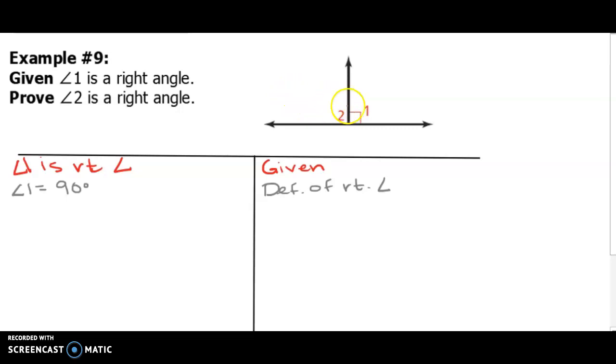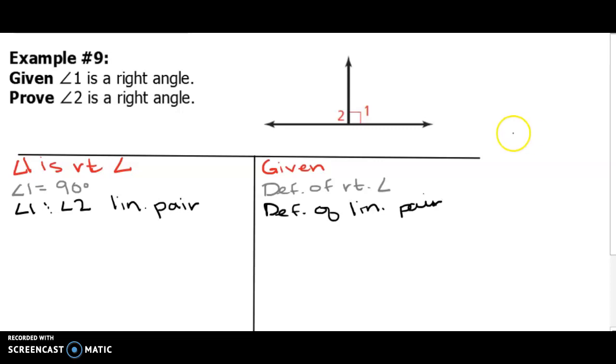All right, now if we look at this diagram, I can see that angle 1 and angle 2 are a linear pair. And the reason I know that is because I know the definition of a linear pair. Okay, so 1 and 2 are a linear pair. I know that because the definition of a linear pair says so.